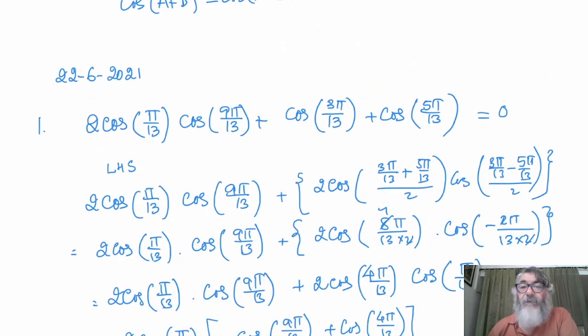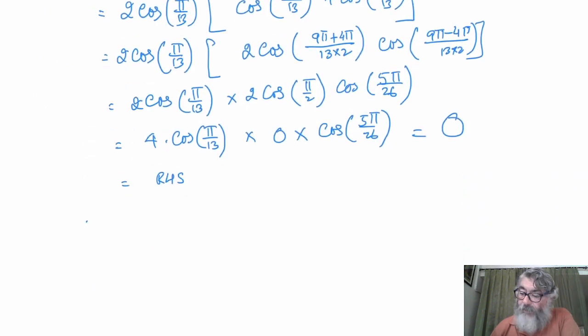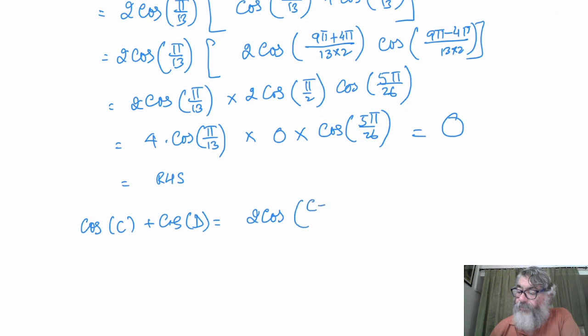So we have basically applied the formula of cos C plus cos D. Again, cos C plus cos D is 2 cos C plus D by 2 and cos C minus D by 2. I'll write again for you, for your benefit. Cos C plus cos D is 2 cos C plus D upon 2 and cos C minus D upon 2.